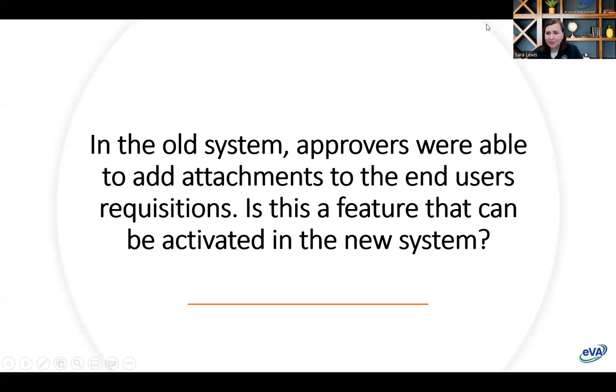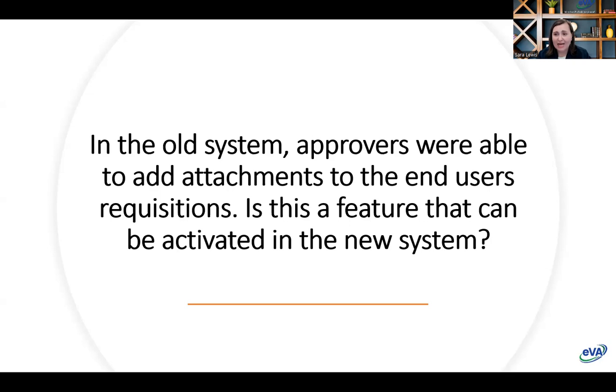In the old system, approvers were able to add attachments to the end user's requisitions. Is this a feature that can be activated in the new system? So this is another change that you'll hear some end users mention, which is the ability for some approvers to make changes or add attachments to requisitions.